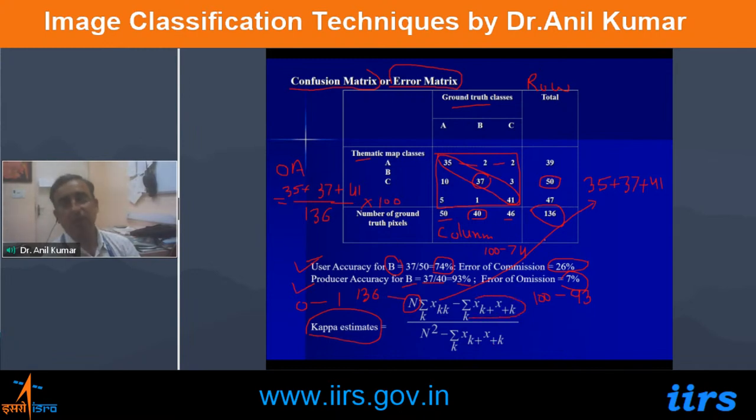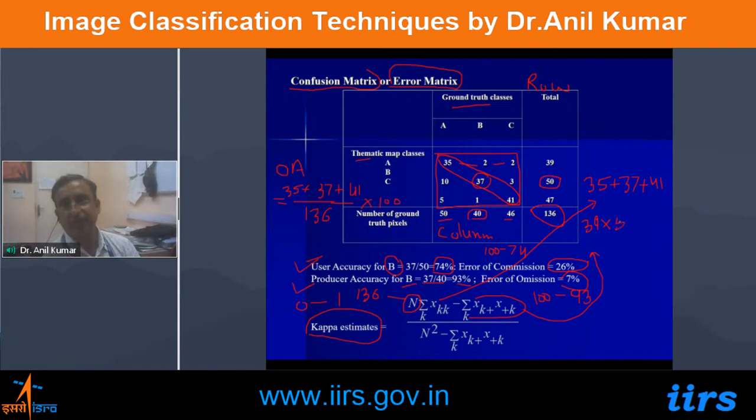or at the bottom also, this is cross multiplication. This one will be, let me draw here, 39 into 50. This is basically the row and column total. So this is your row and this is your column total.